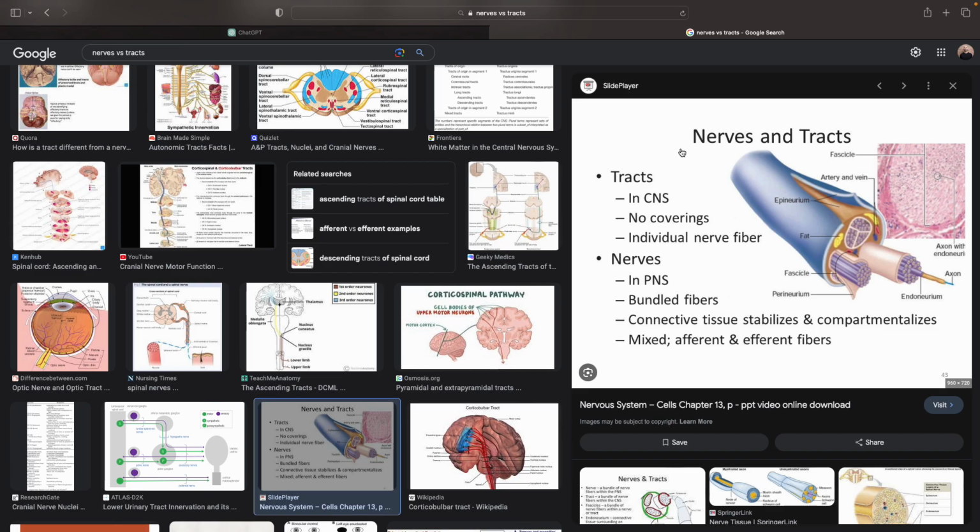Individual nerve fiber, nerves, connective tissue, stabilizes.